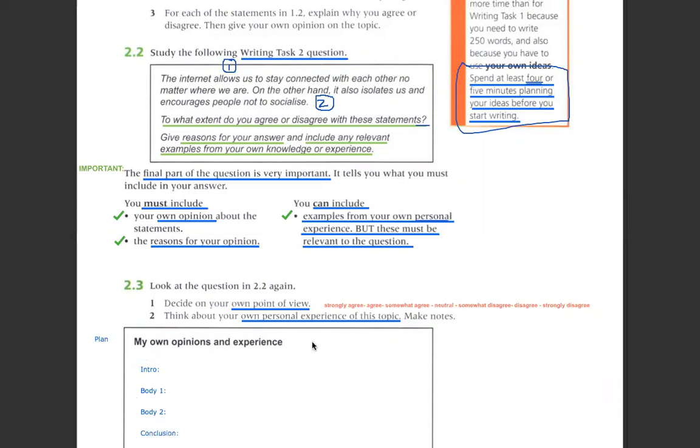So you should be writing some notes for each of these paragraphs. You don't have to write full sentences, you're just writing a couple notes. Okay, so this is your plan. You can do these headings in order to write something for each one.